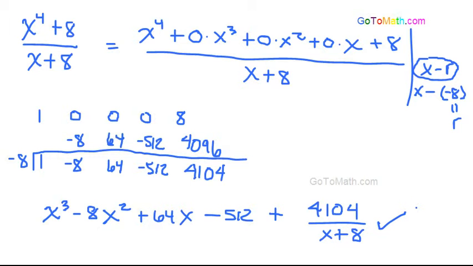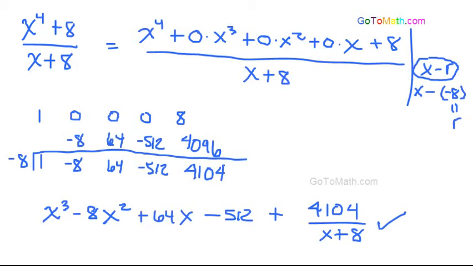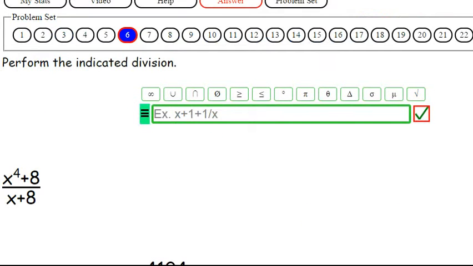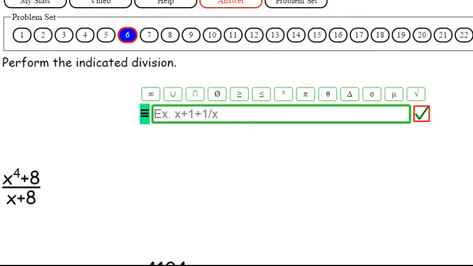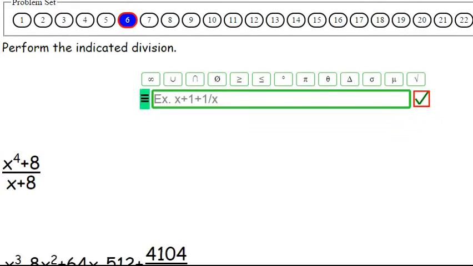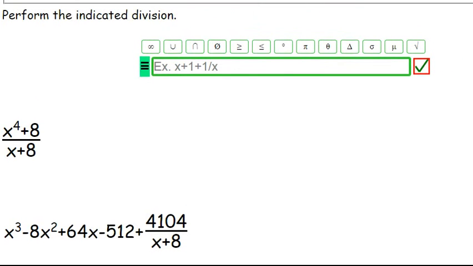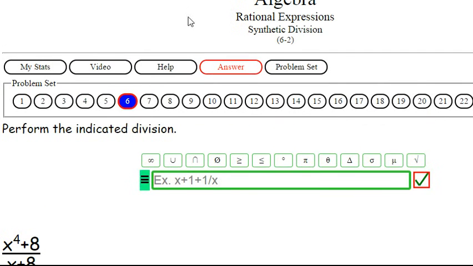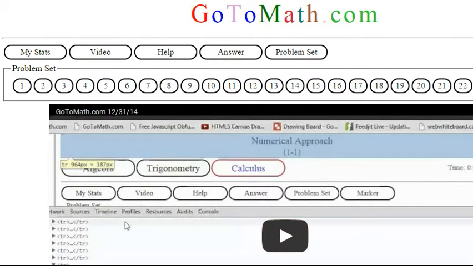There you go. Alright, so let's go over to the web page. See how that pans out. We have x cubed minus 8x squared plus 64x minus 512, 4104. Sorry, I got to go back and forth like that on you, just making sure before I actually show the answer. Okay, so we're over here at gotomath.com. Get it worked out. See you in the next problem.